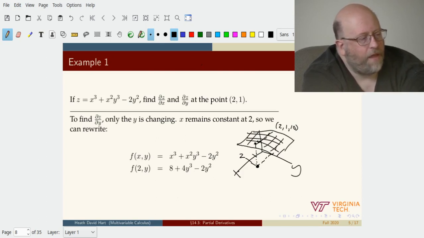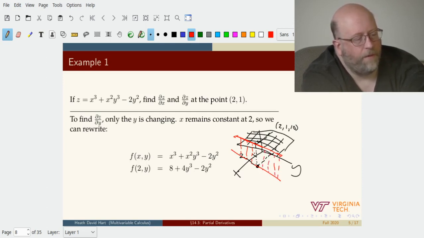And this time I want to find the slope in the y direction, so I'm interested in finding the tangent line that runs parallel to the y-axis. Well, the points that are on this tangent line all share the same x-coordinate, because we're moving in the y direction.